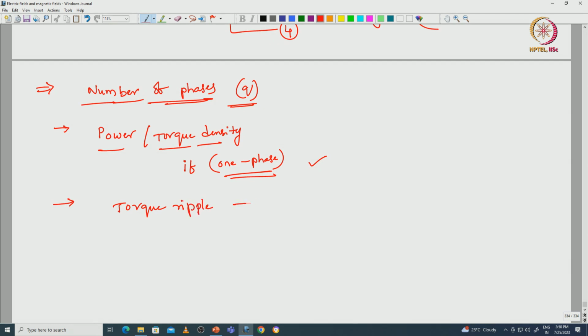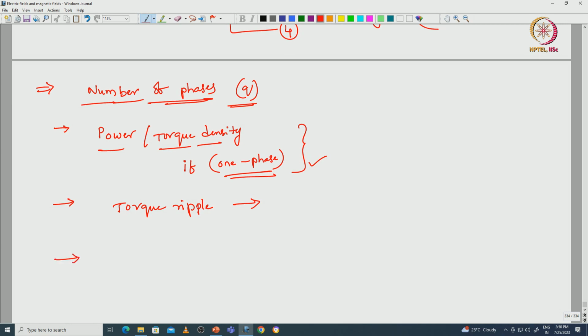Torque ripple will improve with a higher number of phases. But if you are exciting each phase simultaneously, then the torque per phase or power per phase will not come down, and the current flowing through the winding is the same.